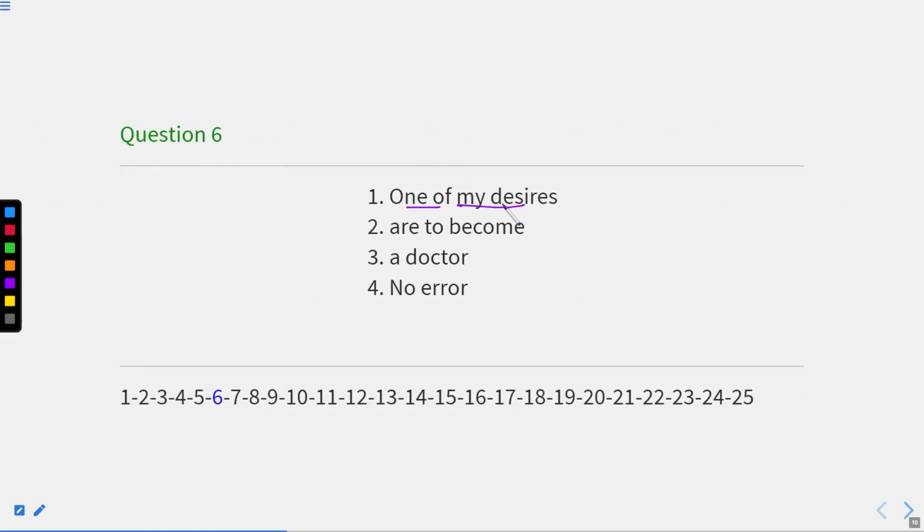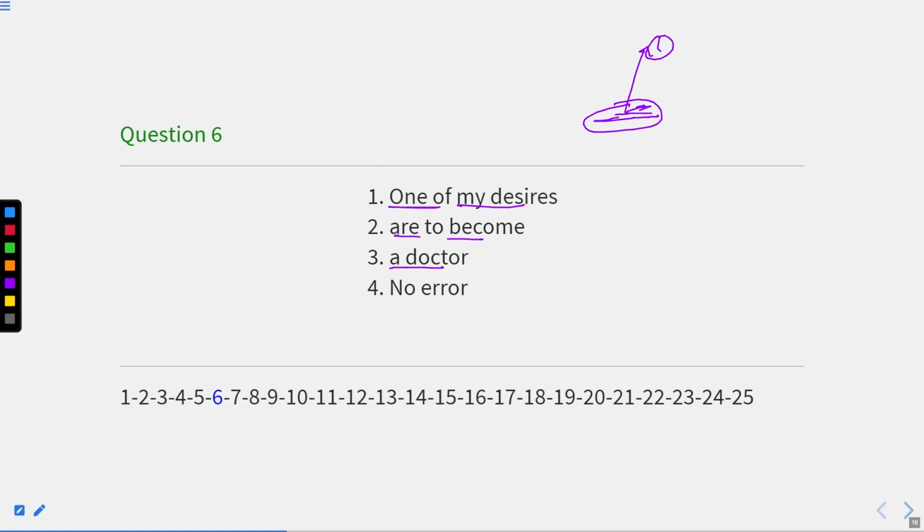One of my desires are to become a doctor. Now here I'm talking about one desire. It means I have many desires, but one of those desires is, suppose I have many desires. Okay, but out of these desires, one of my desires, it means I'm talking about only one of those desires which I have.